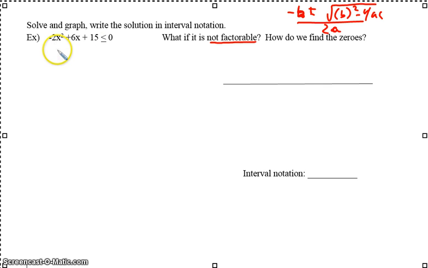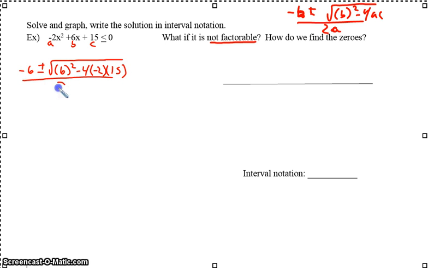Looking at my problem, since it's less than or equal to 0, I know that my a is negative 2, my b is 6, and my c is 15. So negative 6 plus or minus the square root of 6 squared minus 4 times negative 2 times 15, all of that divided by 2 times negative 2.